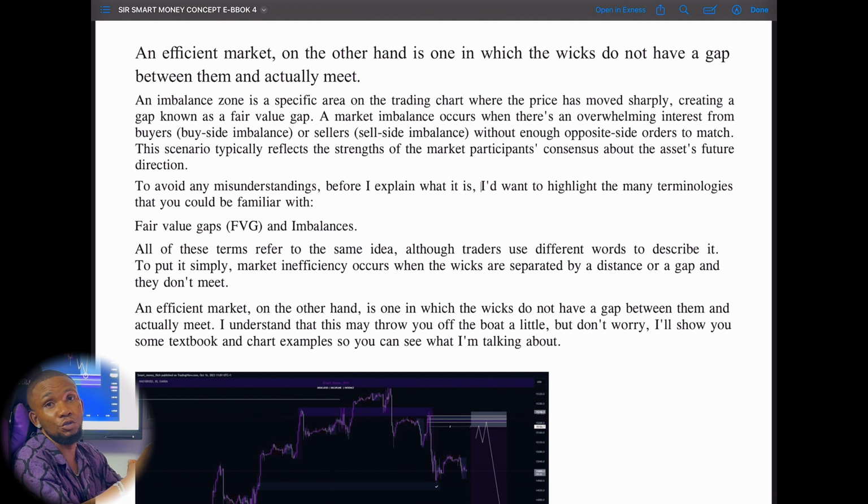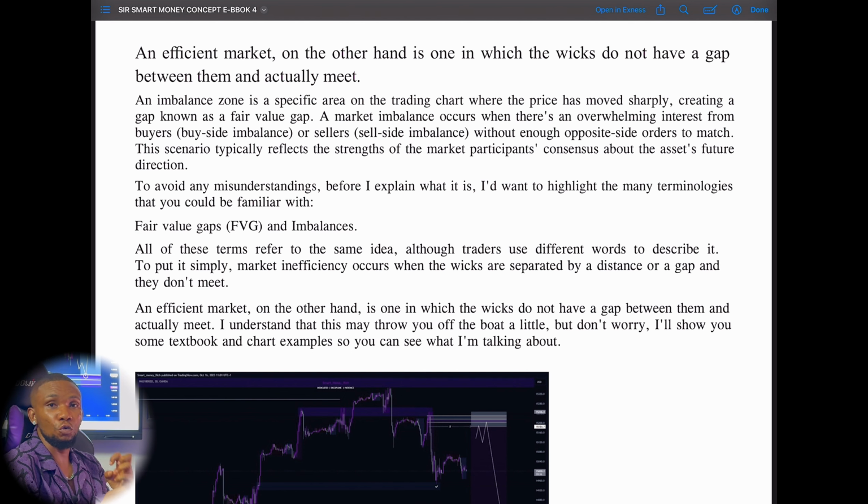Let's say when there is a news release, you always see that sharp spike to the downside, and during news release, you always notice that the market will move sharply to the other side before it continues to the upside.